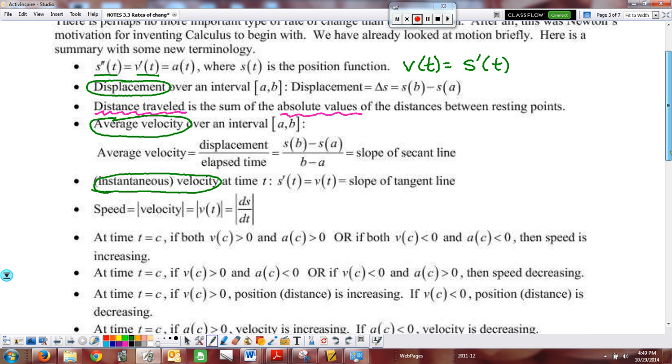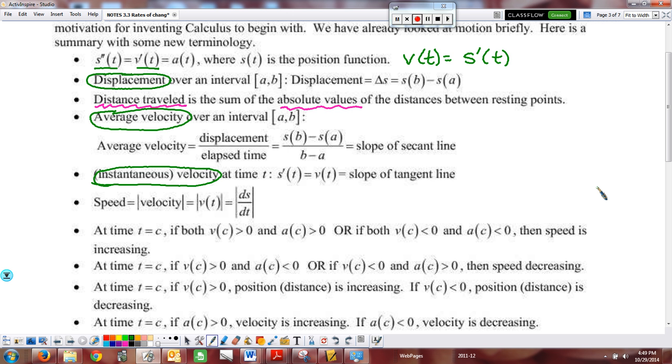All right, then we start talking about the difference between the words velocity and speed. Velocity is speed with direction. Okay, velocity will be positive moving in whatever you're considering to be the positive direction. Velocity will be negative if you are moving in the negative direction.